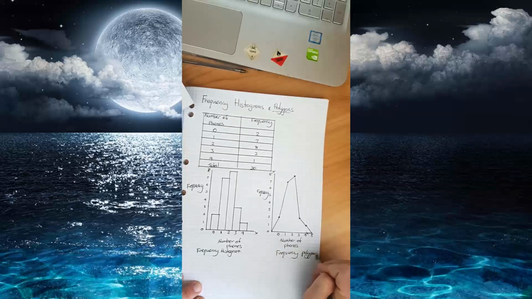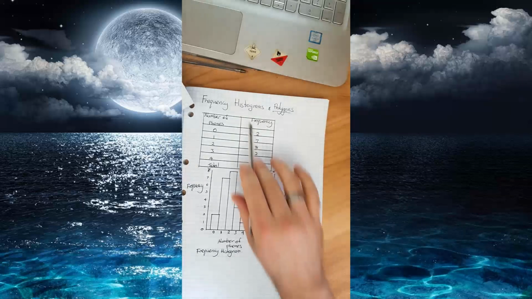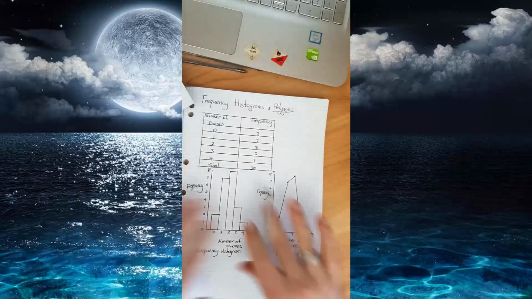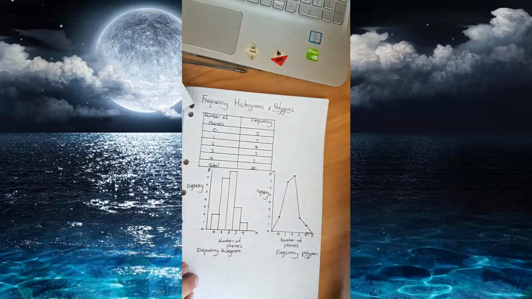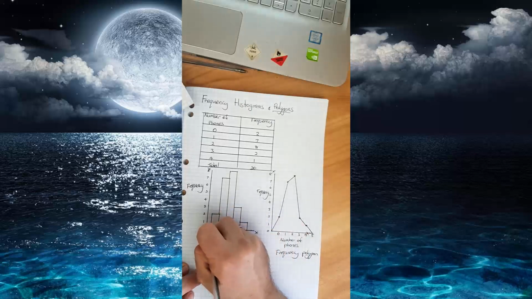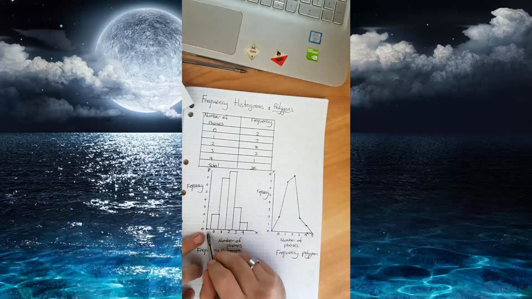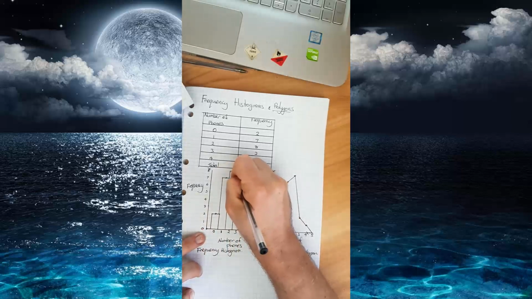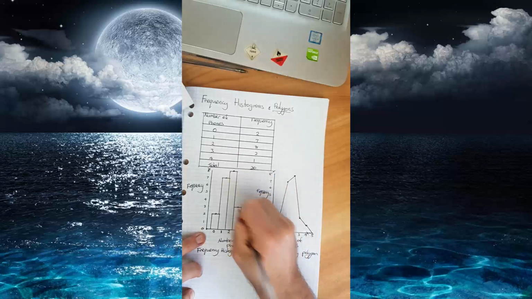Now, a little trick that you'll see during the exercises is that sometimes they ask you to present a frequency histogram and polygon on the one graph, instead of having it as two separates. How you would go about doing this is very, very simple. Put a dot in the corner, like we did, and put a dot at the center of every single column.